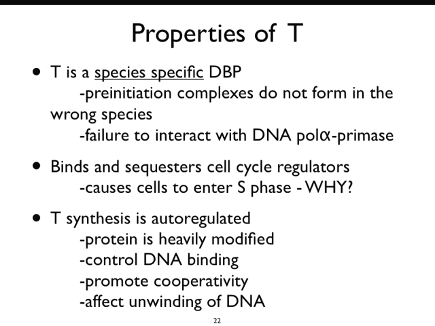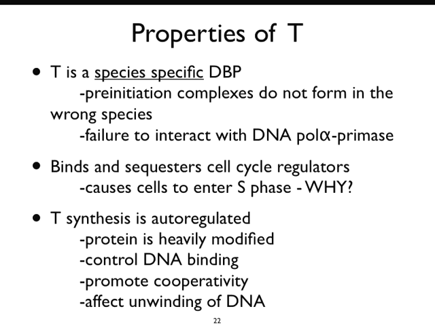The protein is heavily modified. That means it's decorated with other moieties such as phosphates and ribosyls and adenosines and things like that. And it's the decoration that controls its ability to bind DNA. And the various levels of decoration also control the cooperativity of the molecule. That is, the molecule actually forms hexamers.